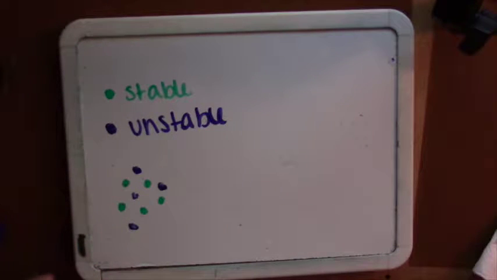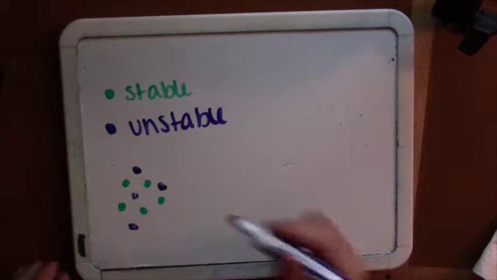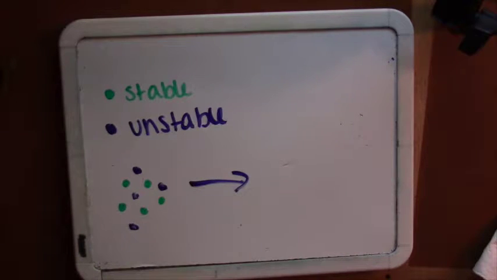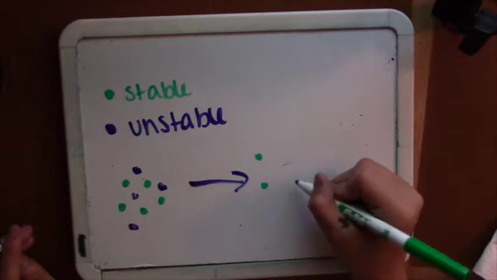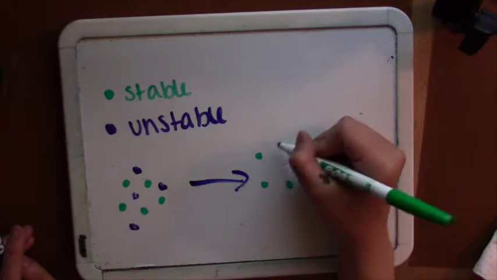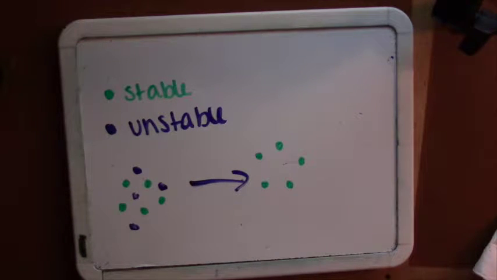Now, the definition of stable means that it doesn't change. So the stable nuclei will actually remain the same. So nothing will change for them.